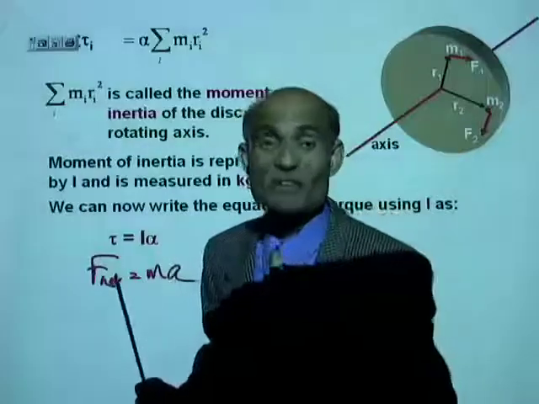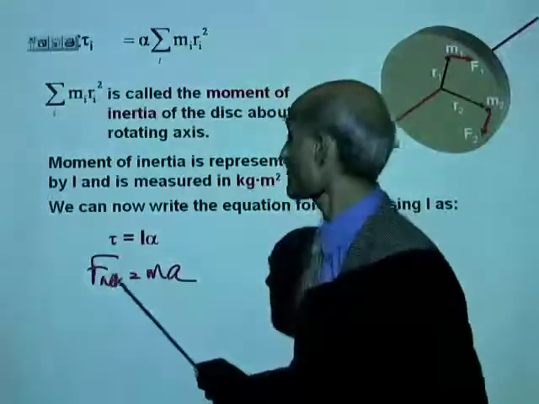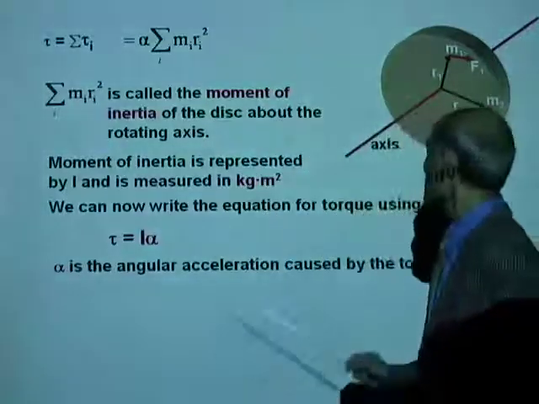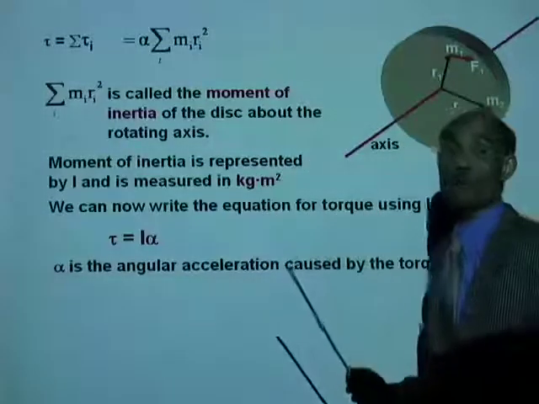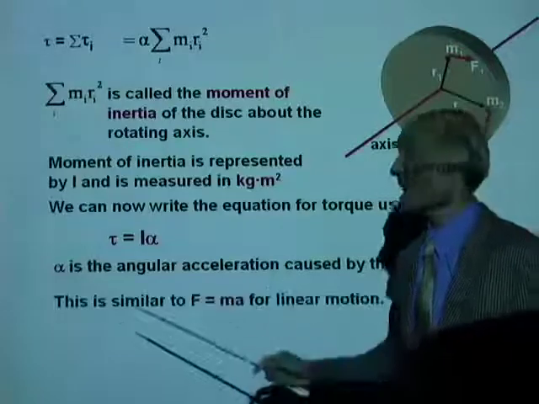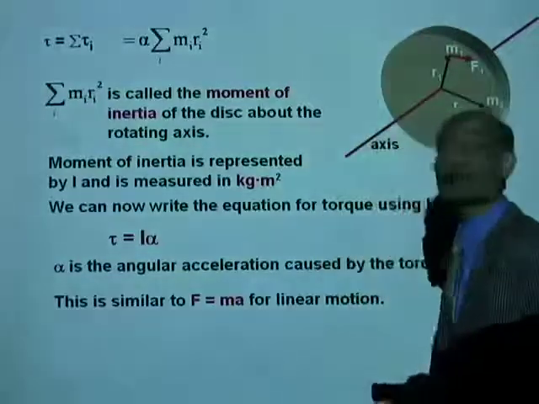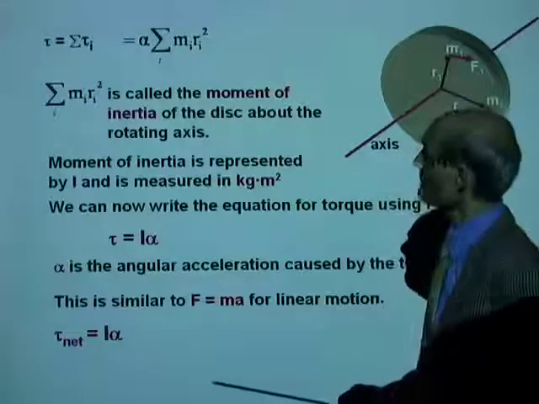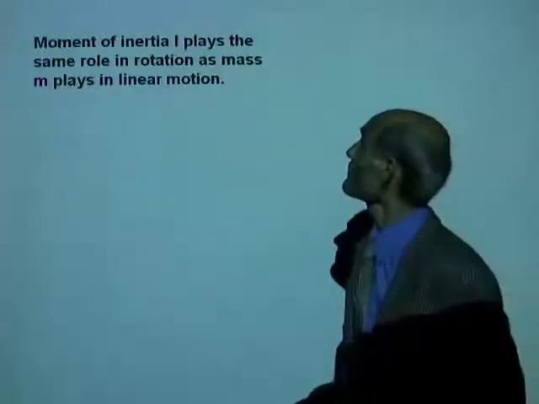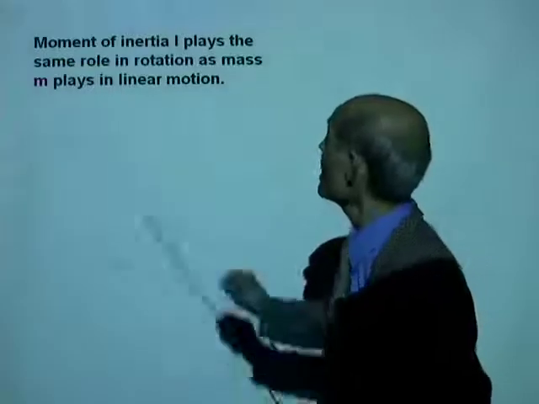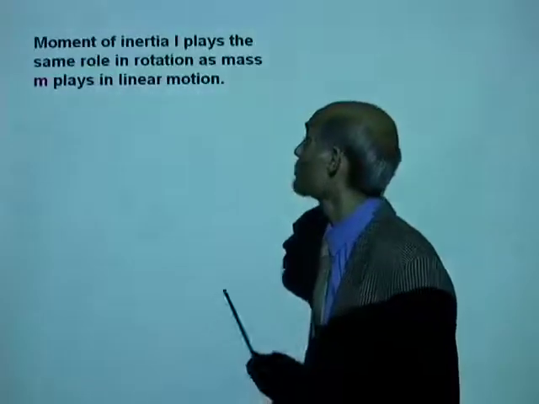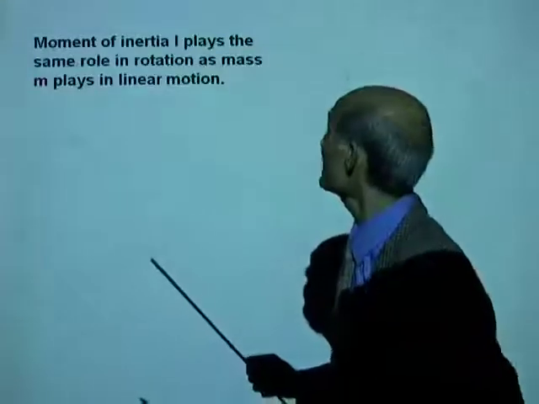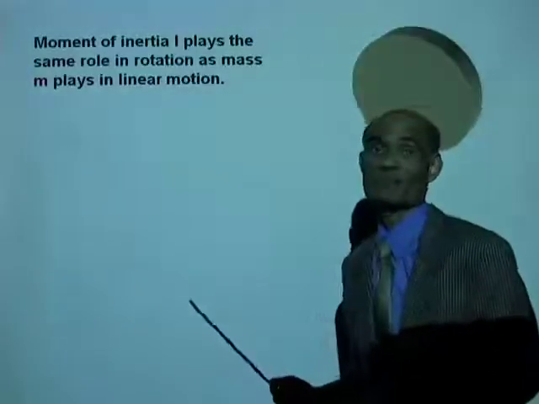So you must understand that relationship. Alpha is the angular acceleration caused by the torque. Now this is similar to F equal to ma for linear motion. Okay. The moment of inertia I plays the same role in rotation as m plays in linear motion.